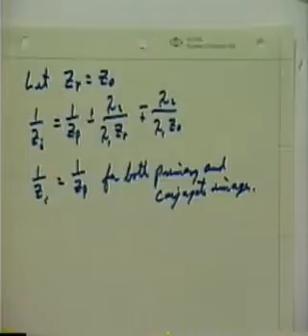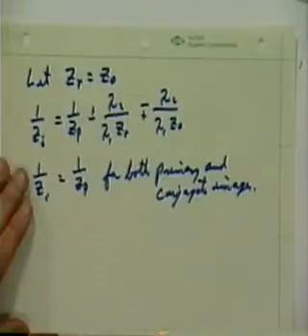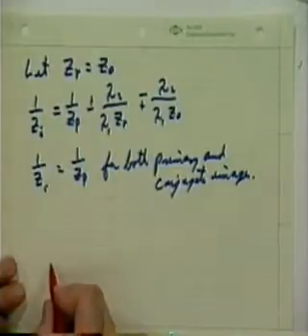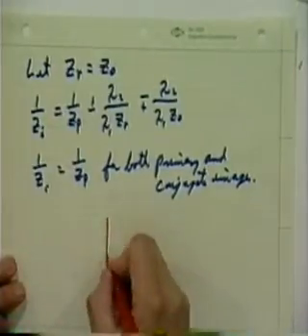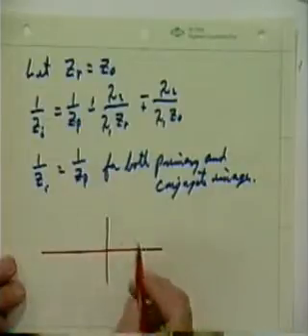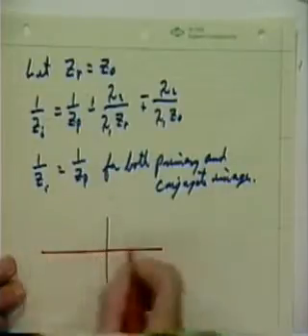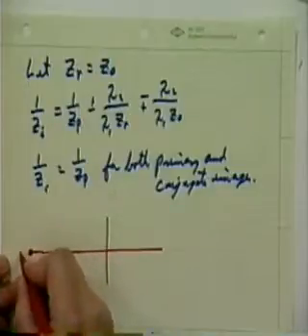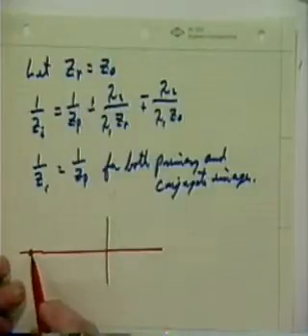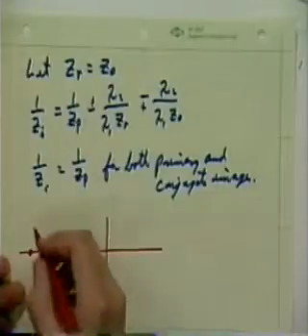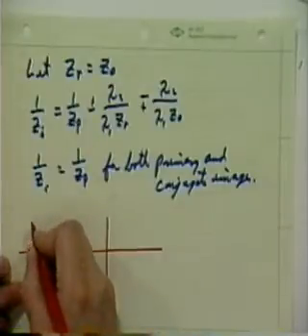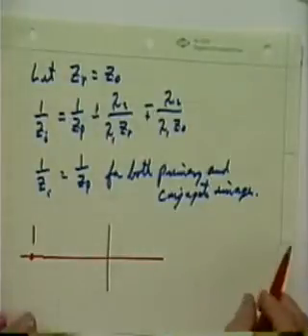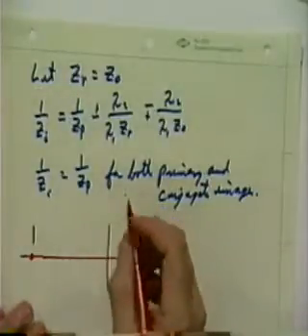So let's make this hologram here. Let's say this is the reference point. Let's say the object is something up here. And so this is making a hologram.